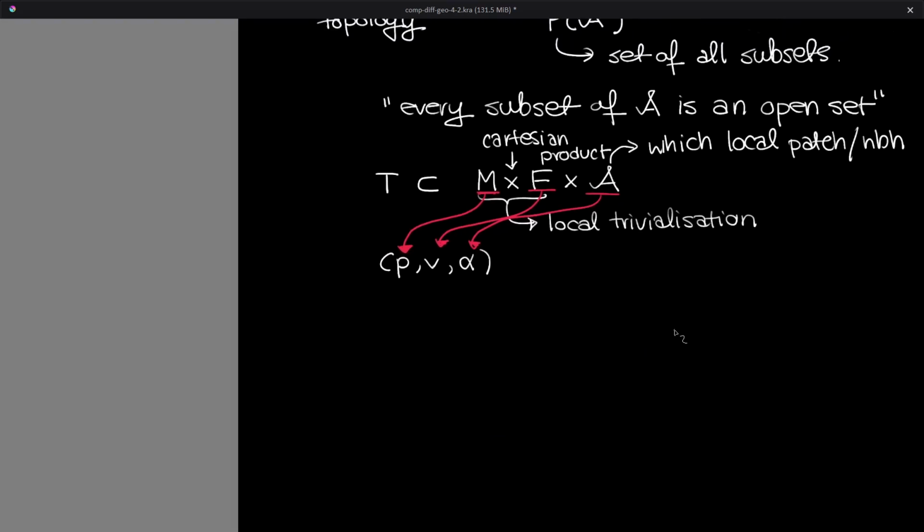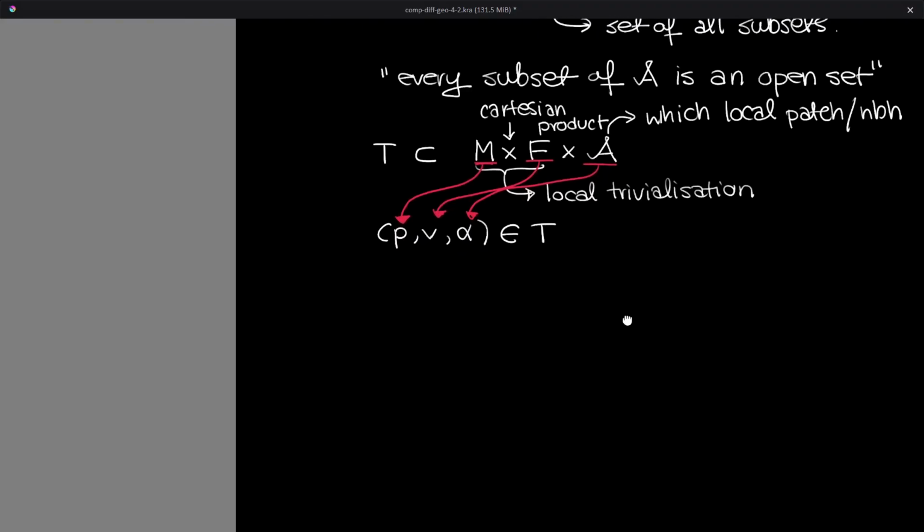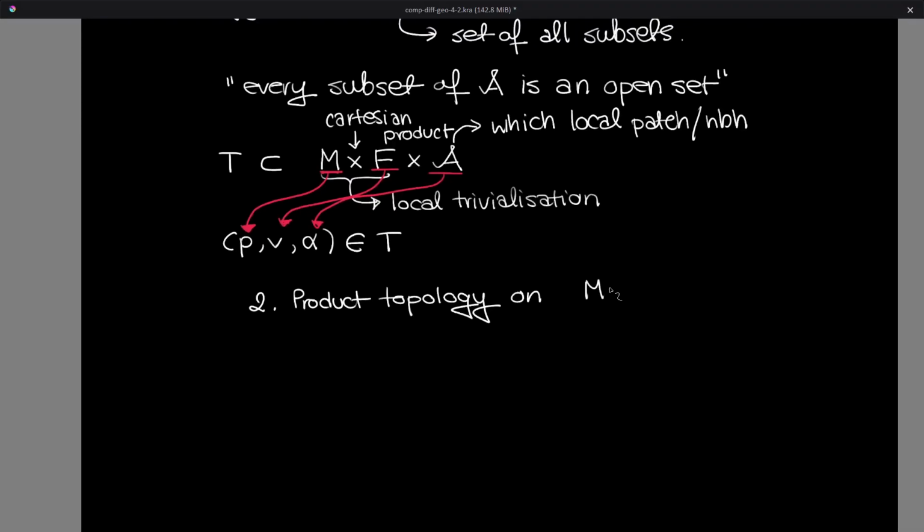Those are the structure of the elements of T. We can make T a topological space, and we need two things. First of all, we need the product topology on M times F times A.